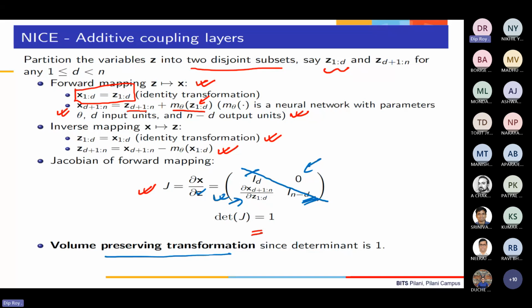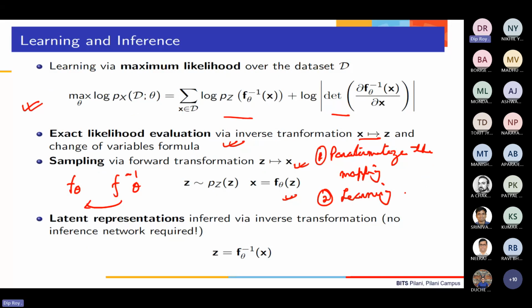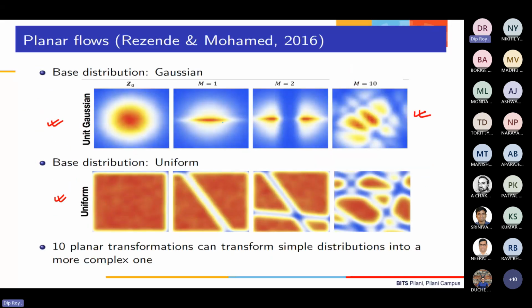And what do we mean by volume preserving transformation? And how can we visualize it? We can visualize it in the form that your unit hypercube remains the same, but we can just move the probability mass here. Let's say this is a unit hypercube, and this is your probability mass.